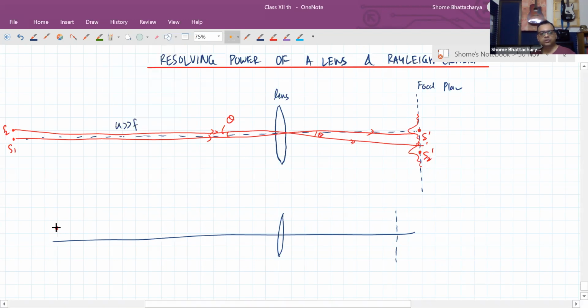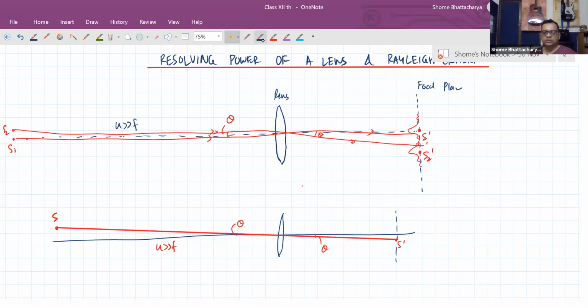The light ray through the pole of the lens typically goes undeviated. So that's the thing. This angle theta is the same as this angle theta over here. So its image S prime is more or less at the focal plane length.